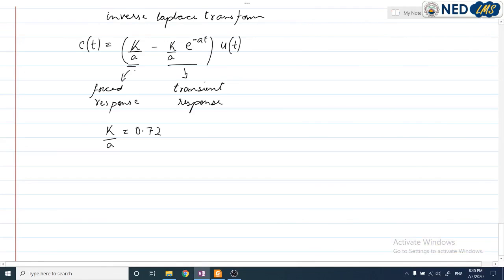So here we have to find the value of k. I am cross multiplying a and putting its value, which is 7.7, and by multiplying these two terms we will get the value of k as 5.54.